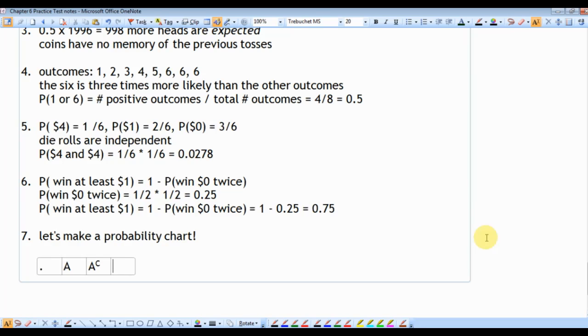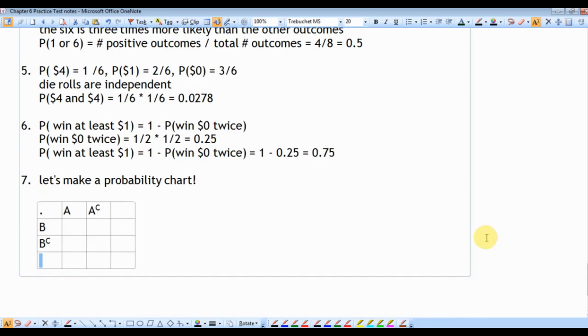This is going to be total probability, okay? This right here is B, and B does not happen. And then total probability is at the end. Of course, 1 is the magic number. Everything needs to add up to 1 somehow.